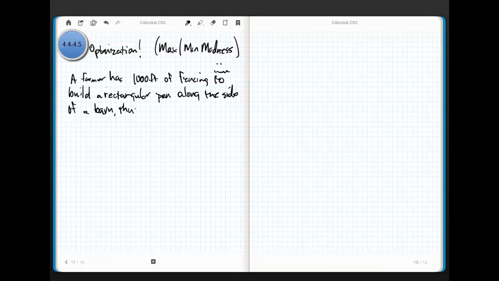Thus using one side. I'll draw a picture here in a sec. I know you've seen this. It's alongside of a barn, it's alongside of a river, there's always something.